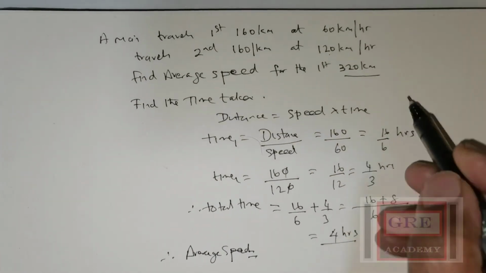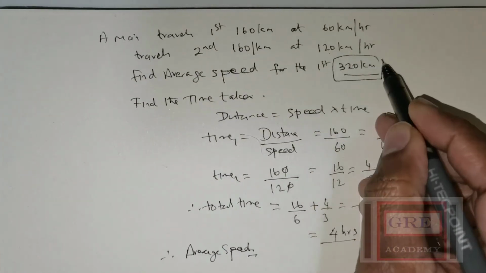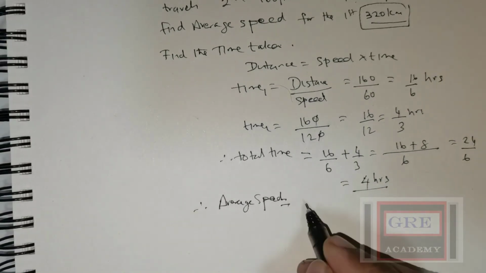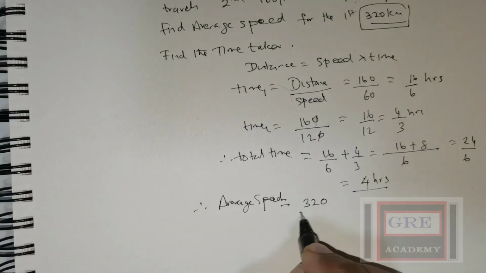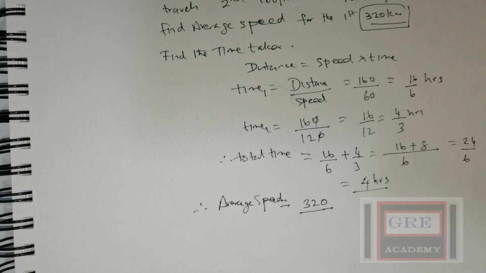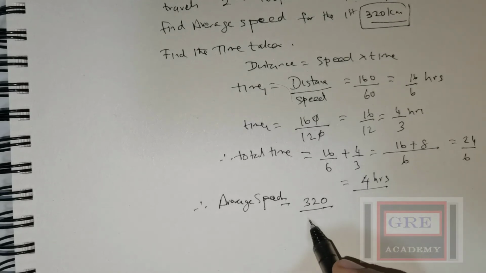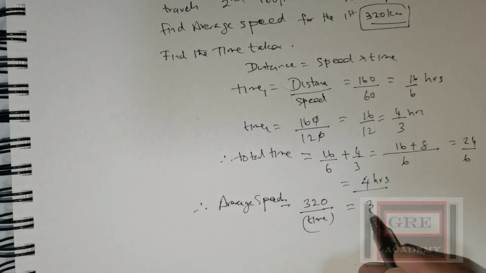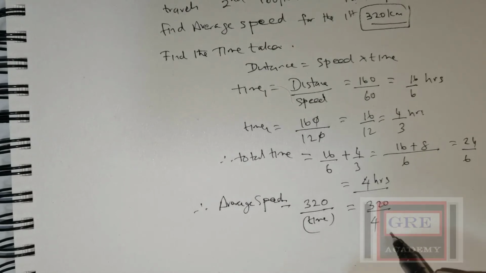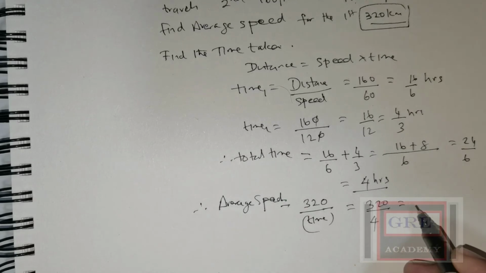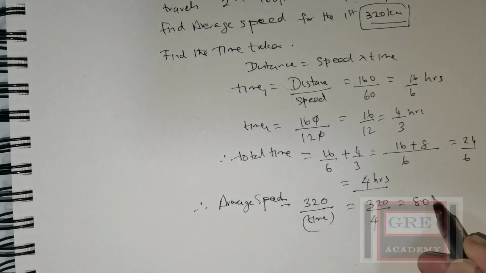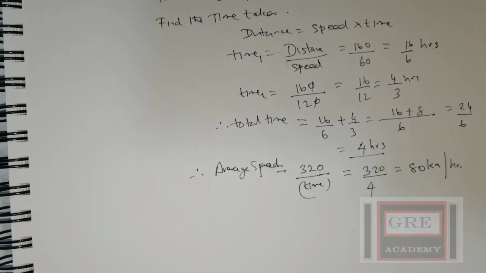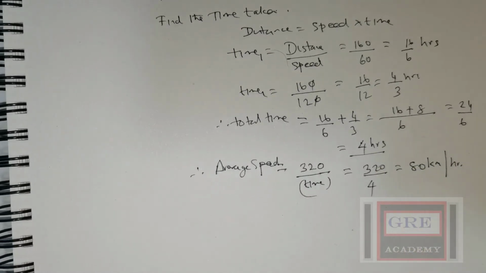The total distance which the man has covered is 320 kilometers. So this is going to be 320 divided by 4, which is nothing but 80 kilometers per hour. So this is the final solution.